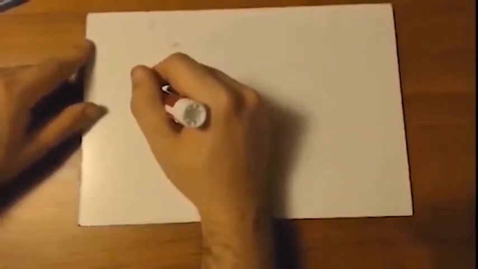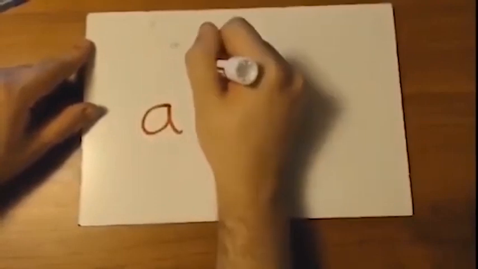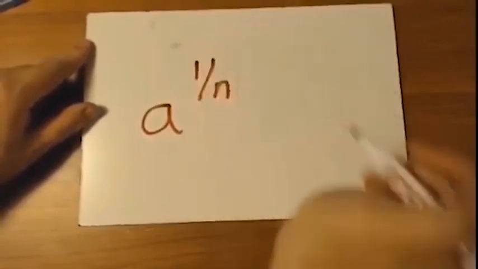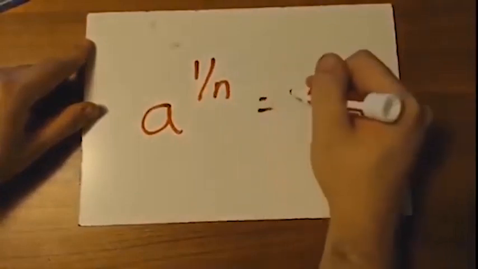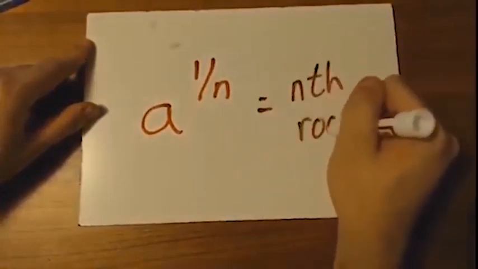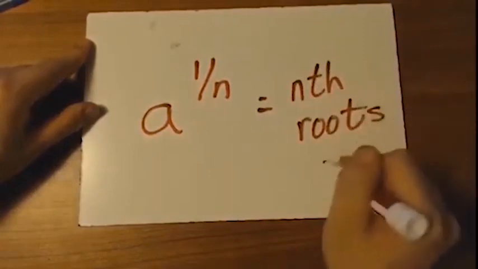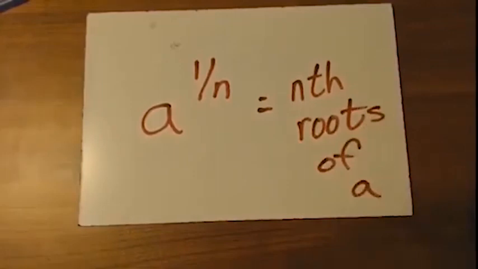When we have a to the 1 over n, this means that we want the nth root of a.